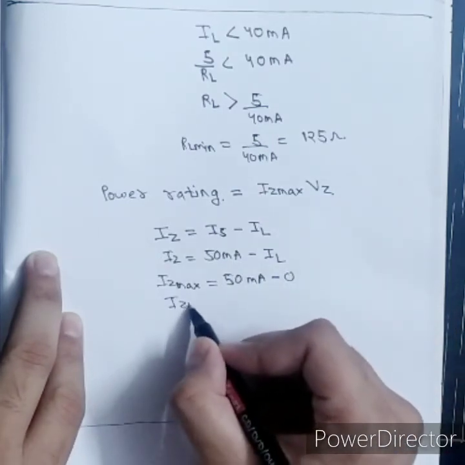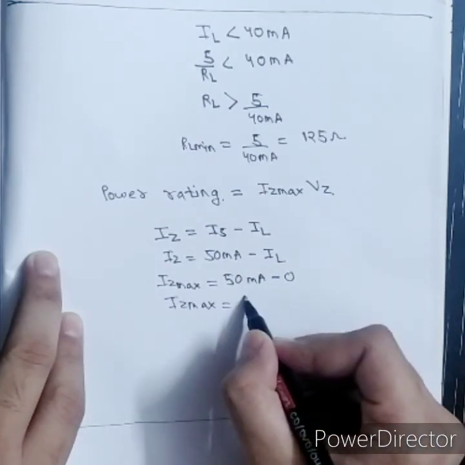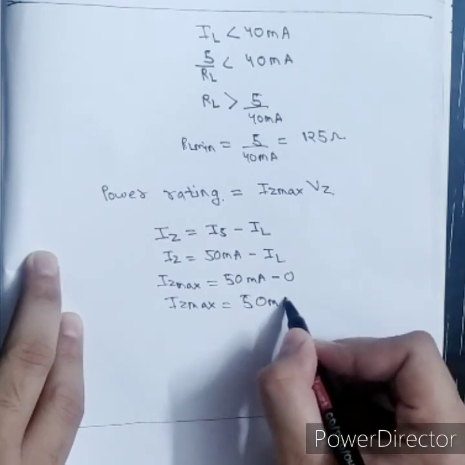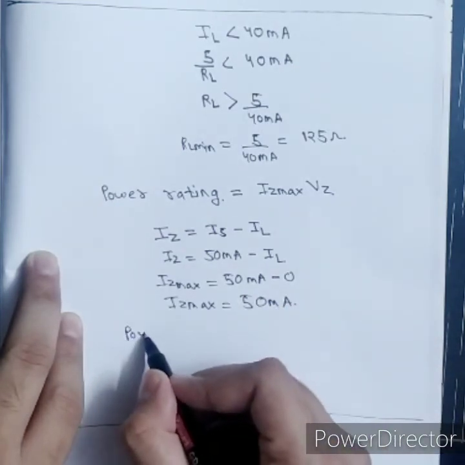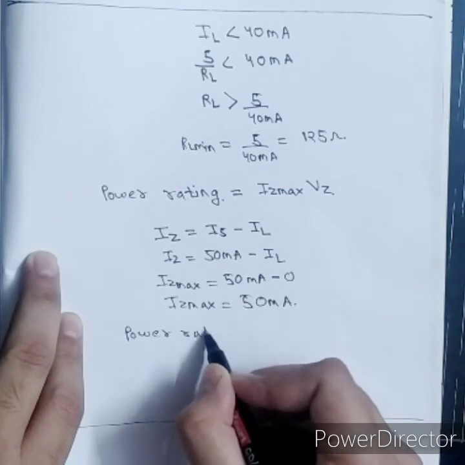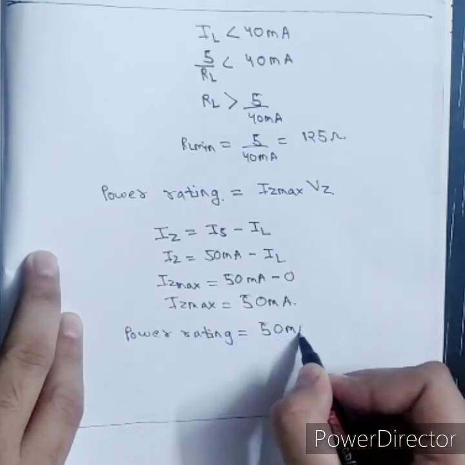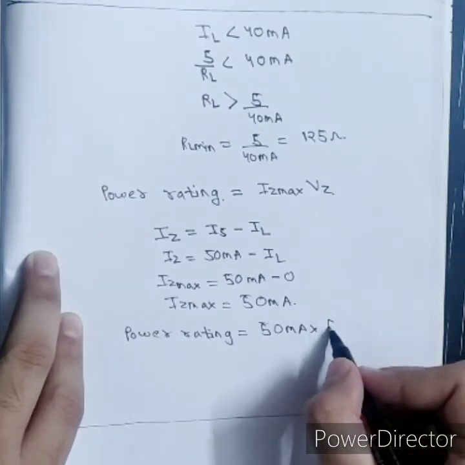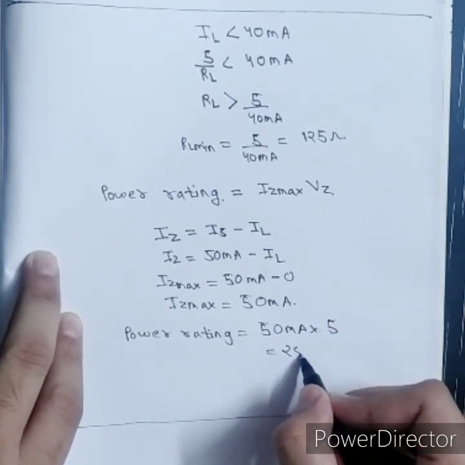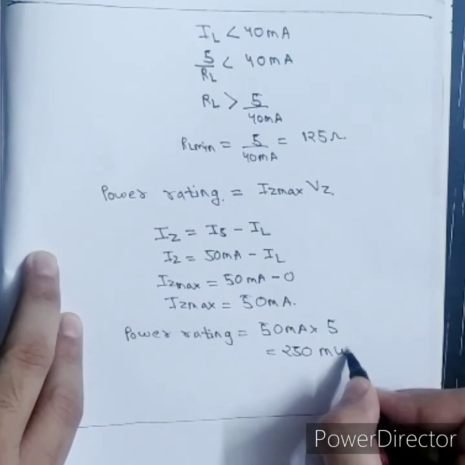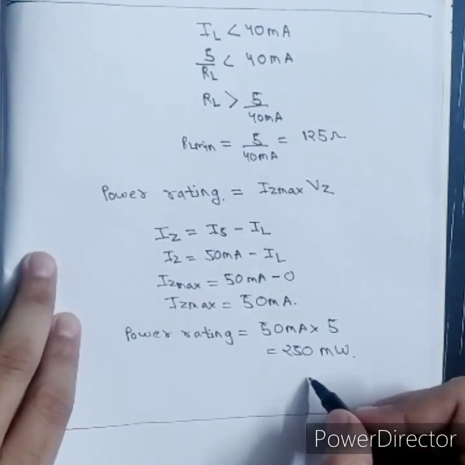So Iz max will be 50 milliampere, and the power rating will be 50 milliampere into Vz, which was 5 volt, and this will become 250 milliwatt. This is the answer.